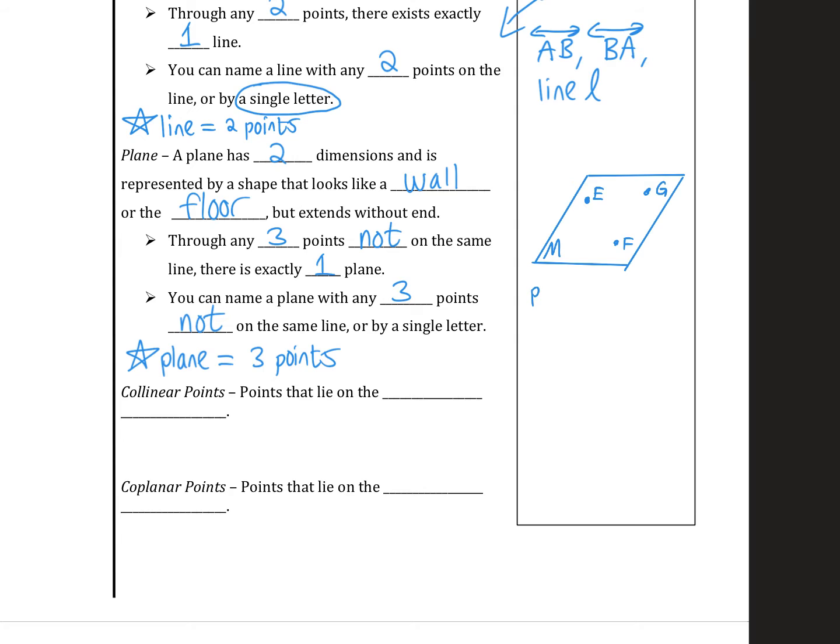So we could call this plane M or plane EFG. Okay? All right. So we got line, we have planes.